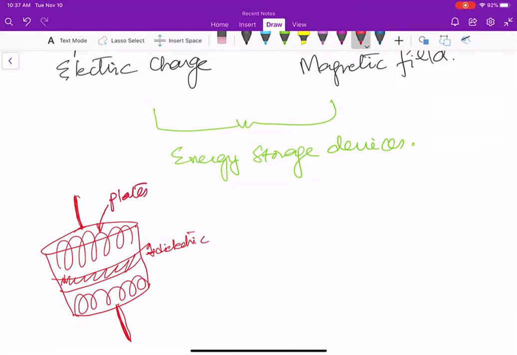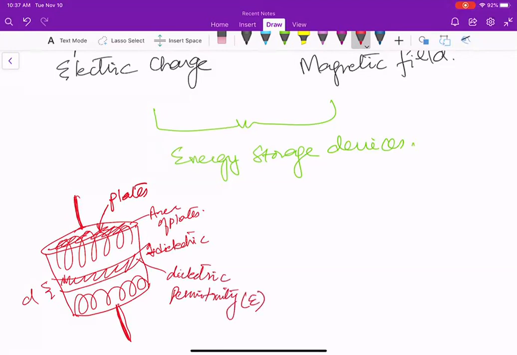This will be the distance between the plates. This will be the area of the plates, and the dielectric has some permittivity, that is called epsilon. So if we know all these things, then your capacitance is equal to this, where A is area, epsilon is dielectric permittivity, and D is the distance between the plates.